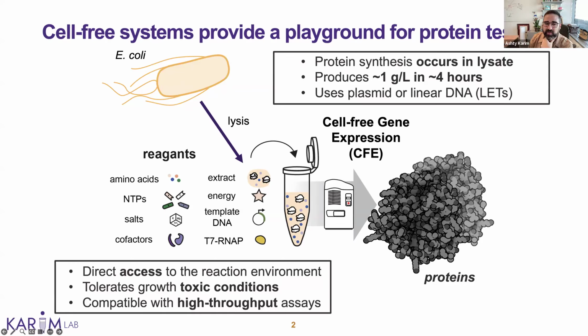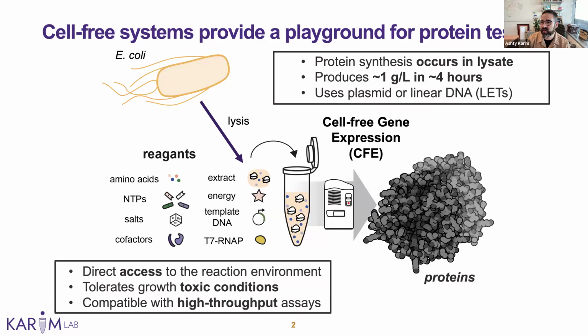This extract can be supplemented with all of the components for transcription and translation and metabolism. So amino acids, NTPs, salts, cofactors, an energy molecule, a template DNA for proteins we want to make, T7 RNA polymerase. And through incubation, we can make proteins directly in the lysate.